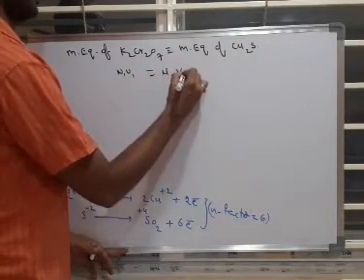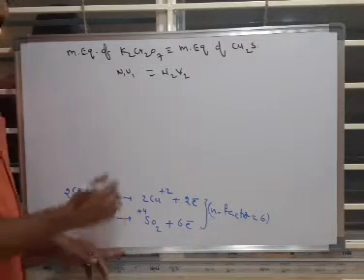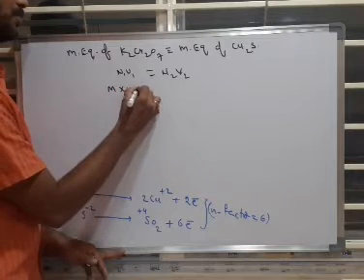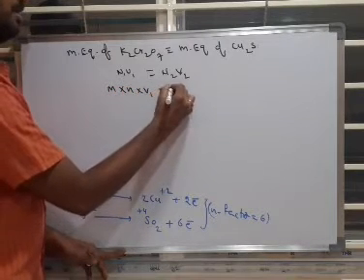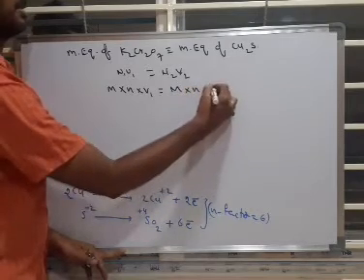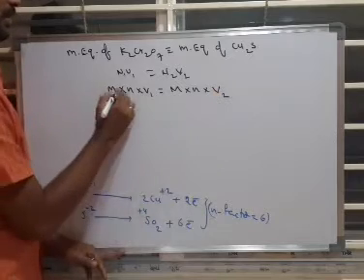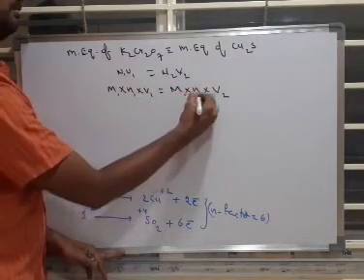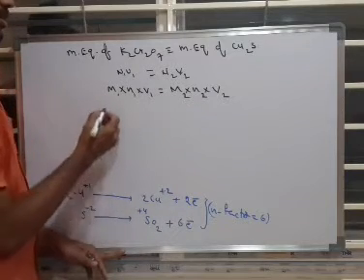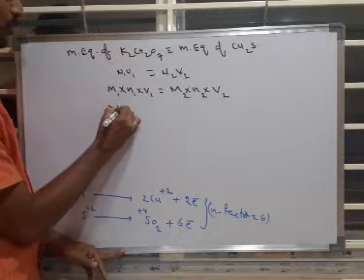N1V1 equals N2V2. What is given for potassium dichromate? Molarity is given, so we write M into V1; normality is molarity into n factor, so we write M1 n1. The molarity of potassium dichromate is given as 0.1.